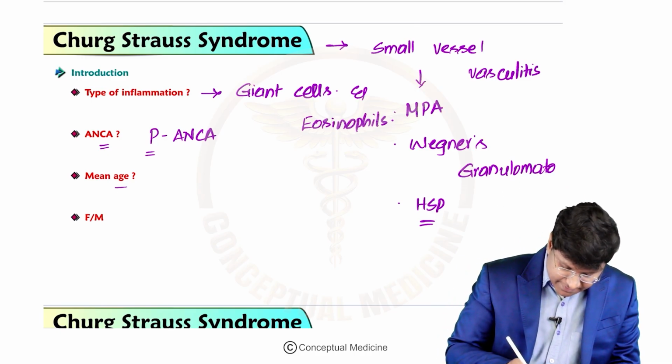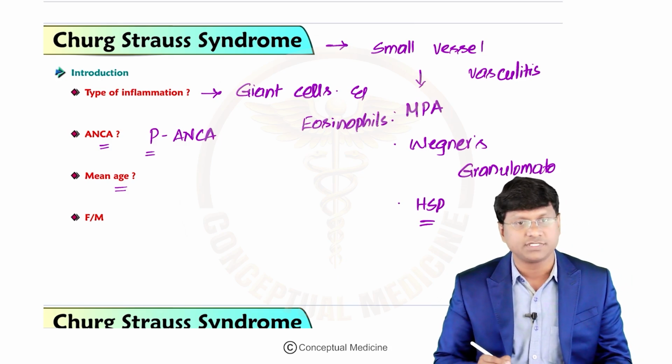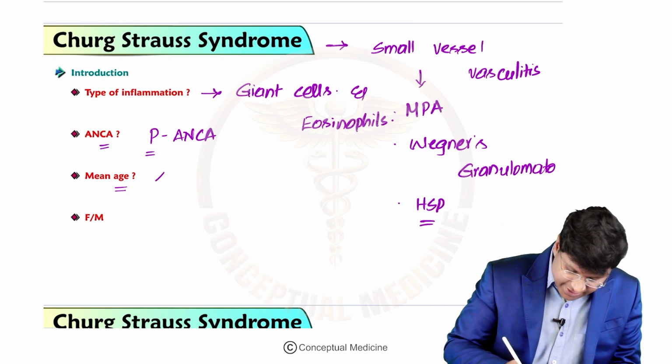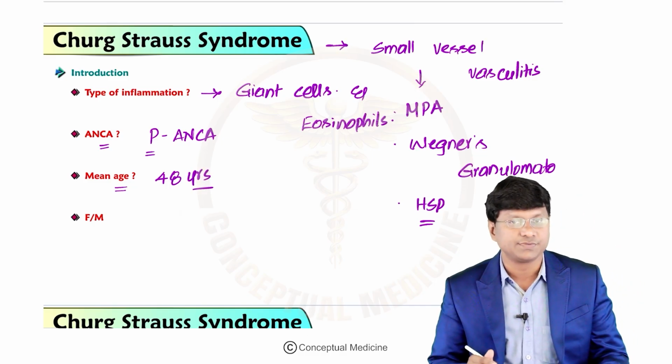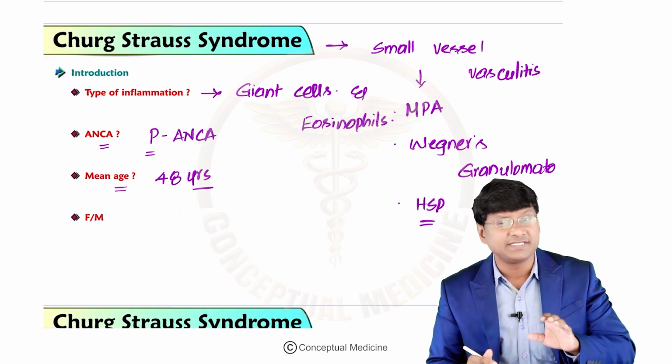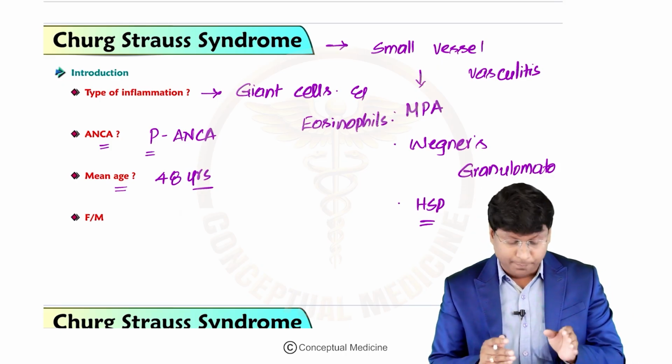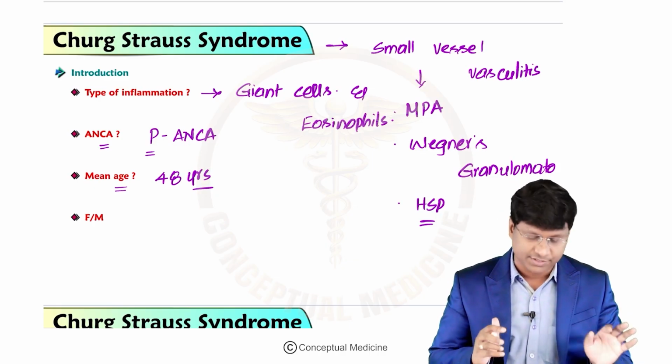And what is the mean age of presentation of Churg-Strauss syndrome? It is around 48 years, and the disease can be seen at any age with possible exception of infants.